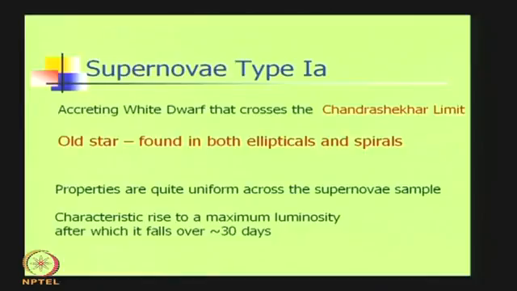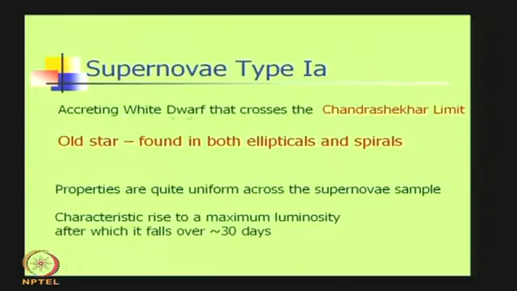It starts to accrete matter from the other star, and as a consequence it crosses the Chandrasekhar limit, and once it crosses the Chandrasekhar limit, the degeneracy pressure is not sufficient to support the star, so it collapses and you have a supernova. This is a supernova of type 1a.